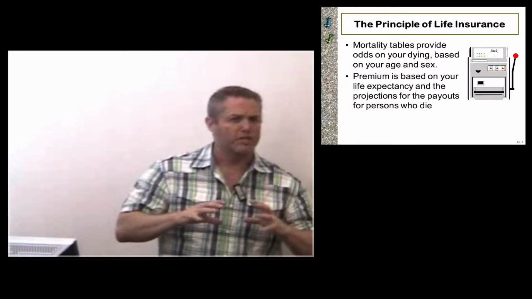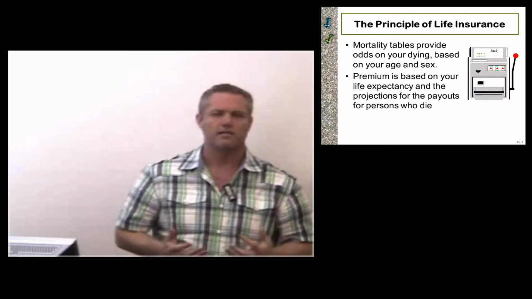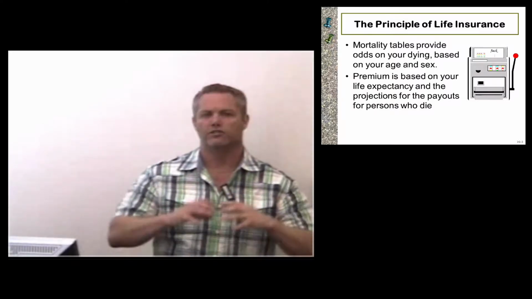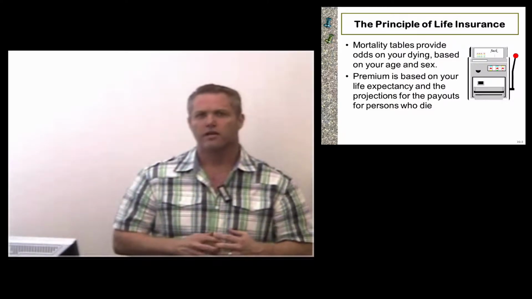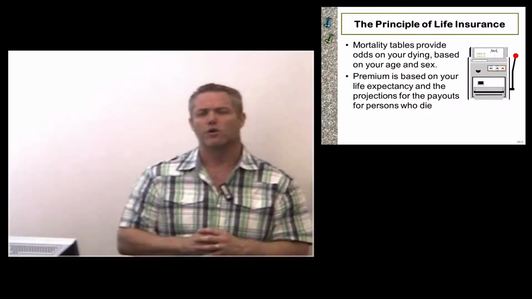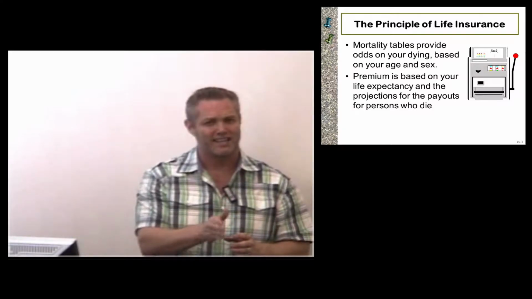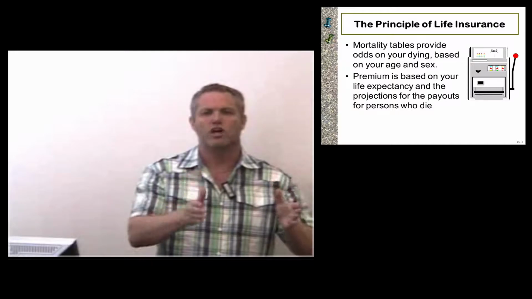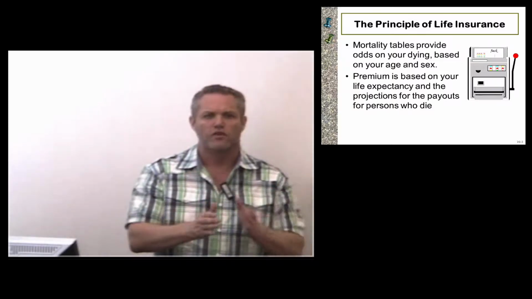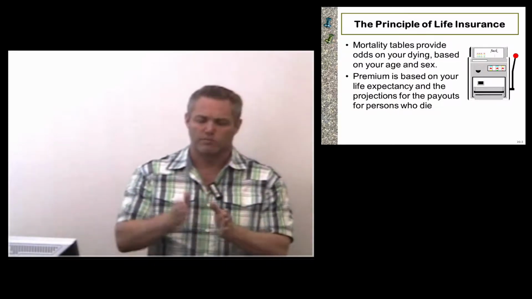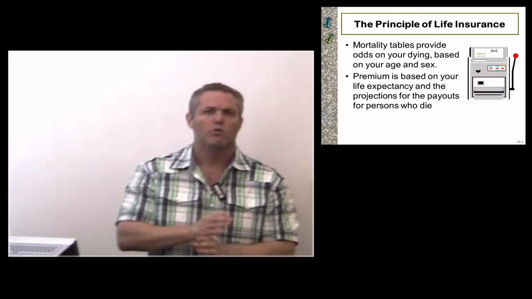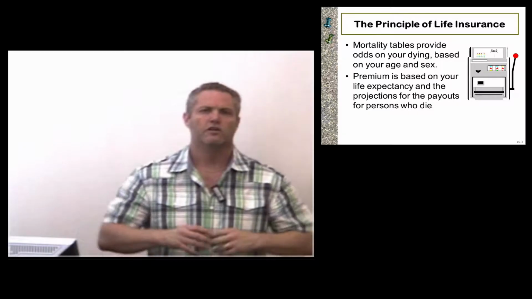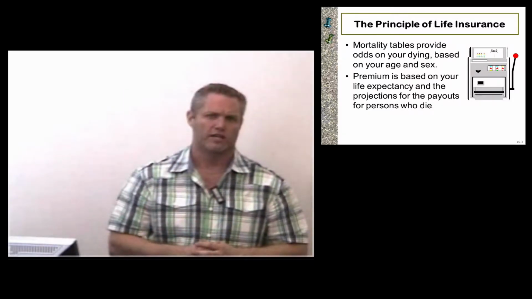So we talked about this a little bit before. The insurance companies will actually end up with mortality tables. In other words, they're going to figure out the odds you're going to die. And if they've come up with the fact that there's a 1% chance for you to die this year, and you want a $100,000 policy, then their expected loss is going to be 1% of $100,000, which means they need to have charged you $1,000 that year just for the expected loss.